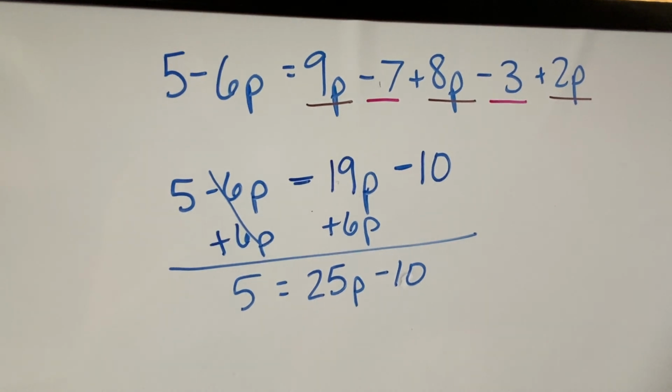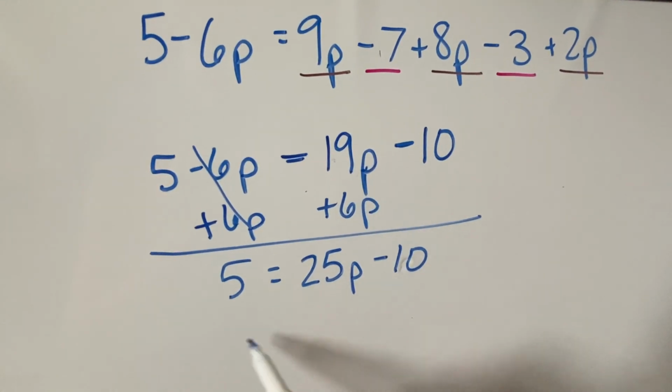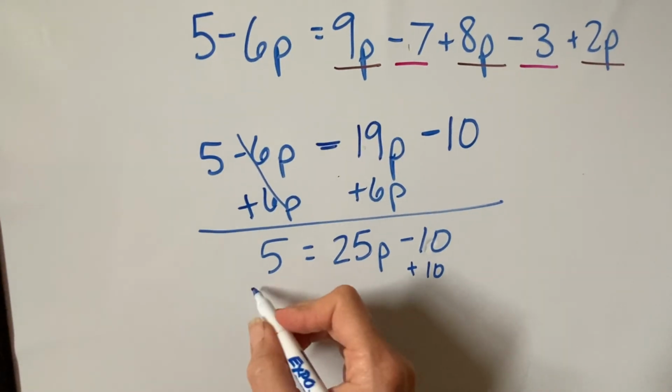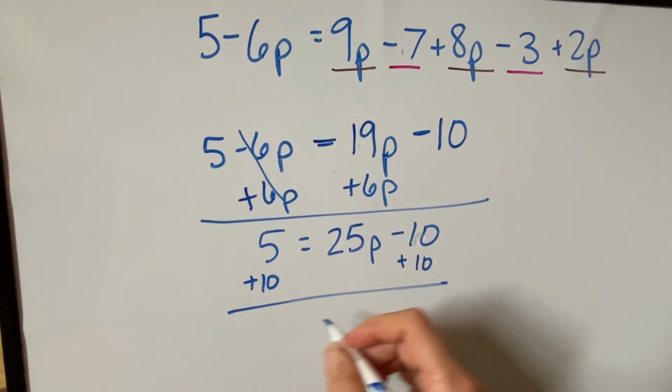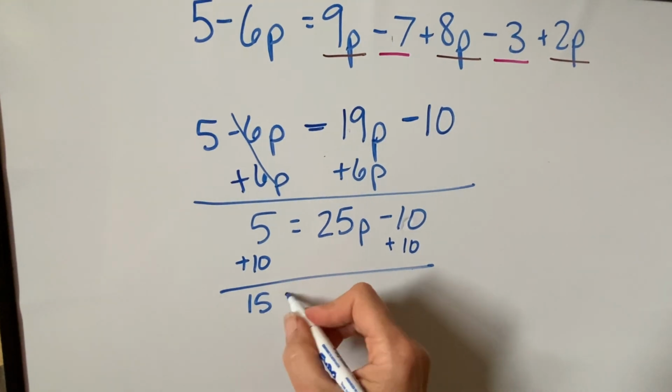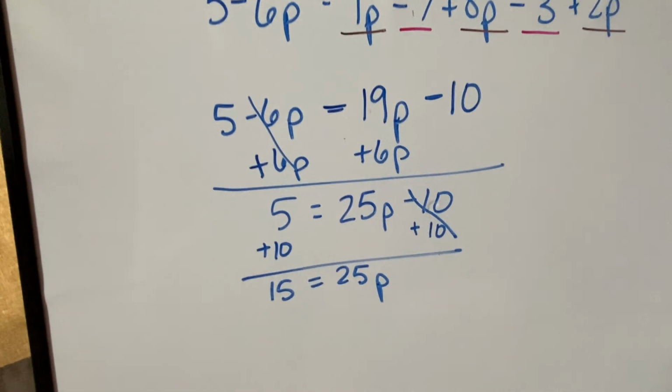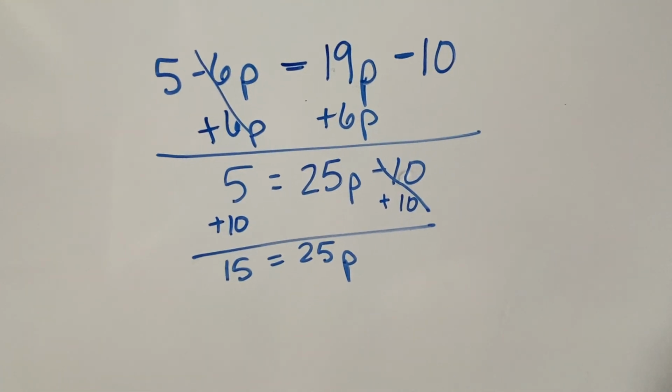Okay, so that's what we have so far. I'm going to move this 10 over here so that we have p on the same side. Those cross out. Negative 10 plus 10 is 0.